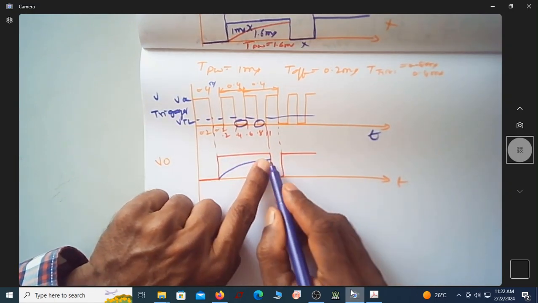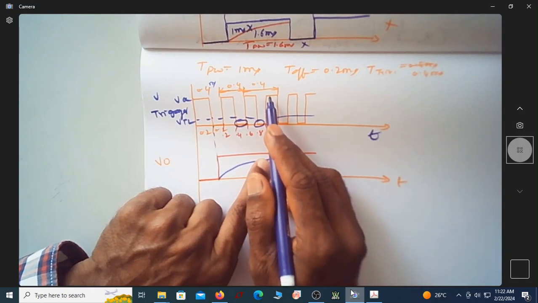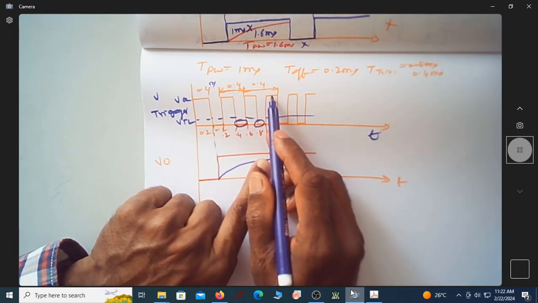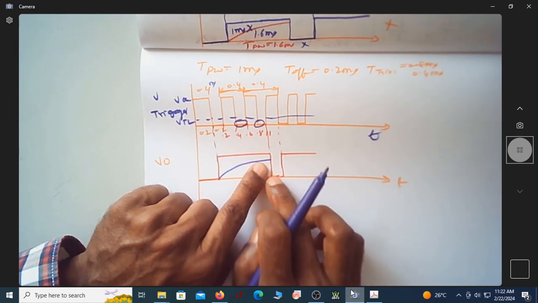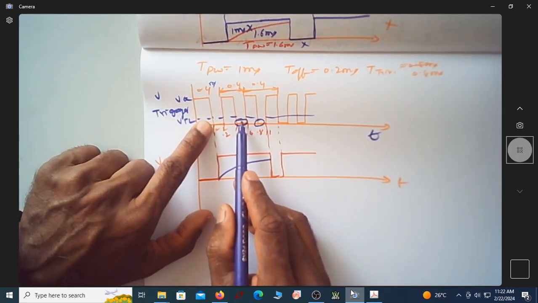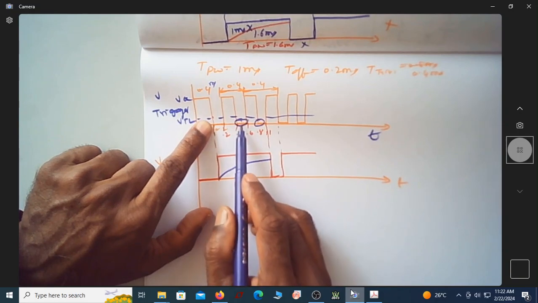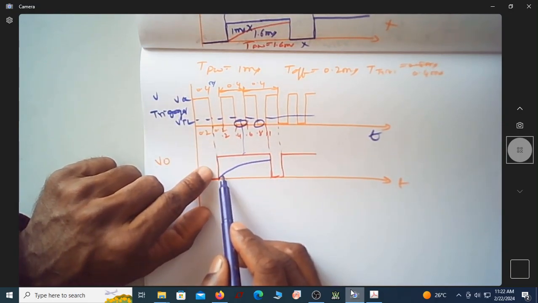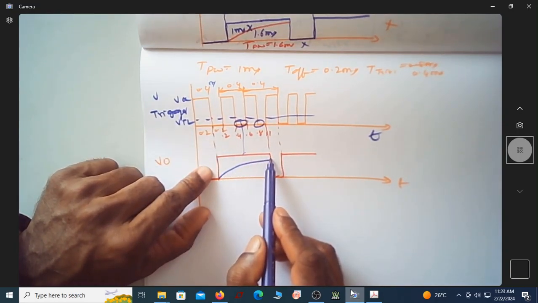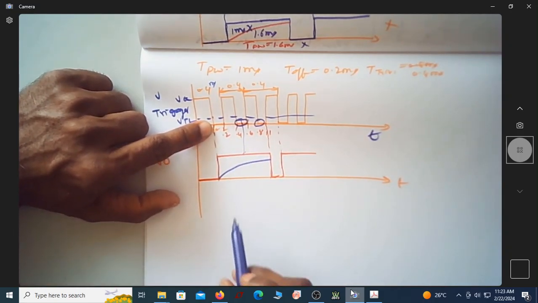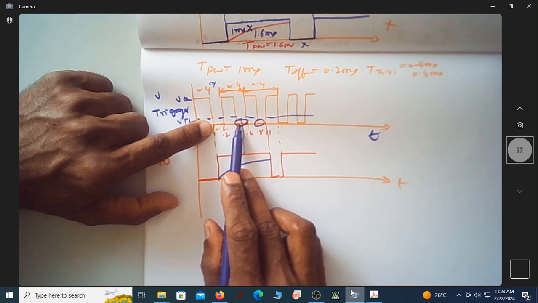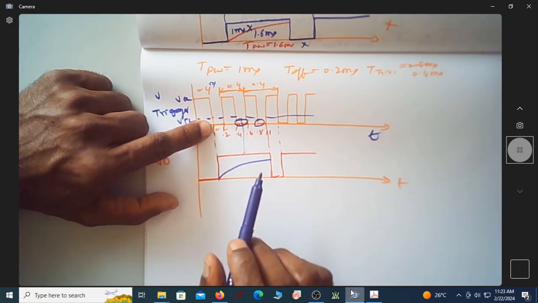After the pulse width the trigger signal is high, and as long as it is high, it will not affect your output. The output immediately comes down. See, this trigger signal is not affecting me because this is still in the charging time, which was initiated by the earlier trigger. So these trigger signals will not affect my output voltage.